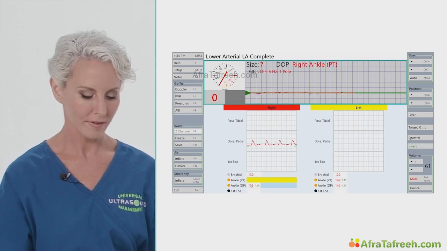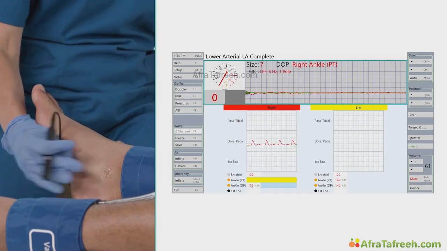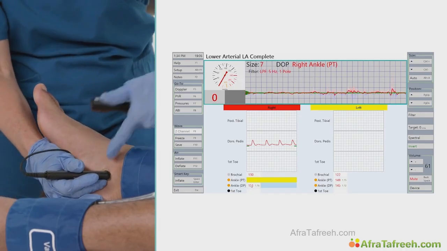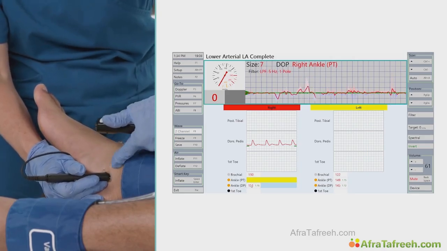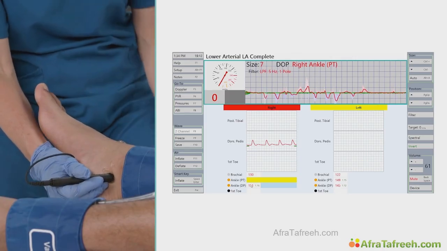Now we'll do the same thing, repeat the pressure of the ankle utilizing the posterior tibial artery. I'll feel for the medial malleolus and place the probe right underneath that.